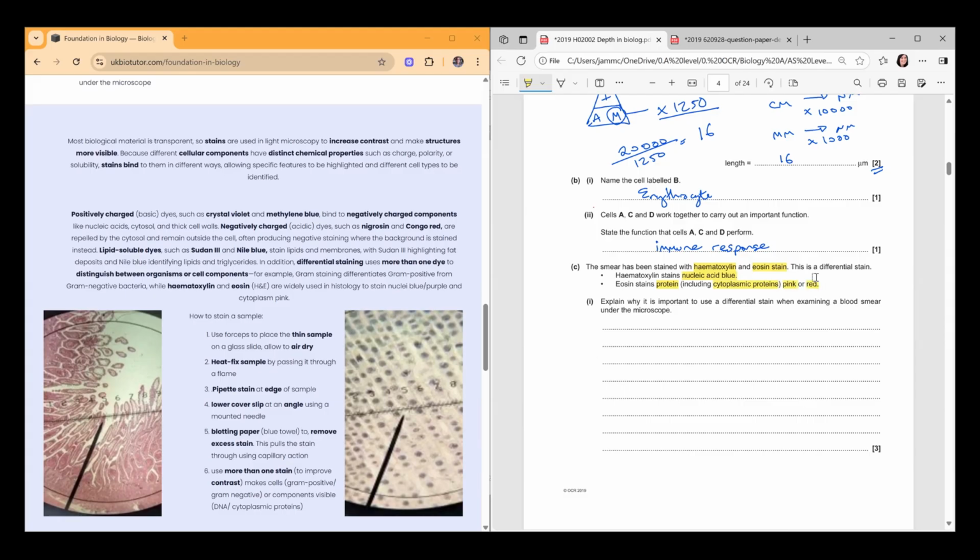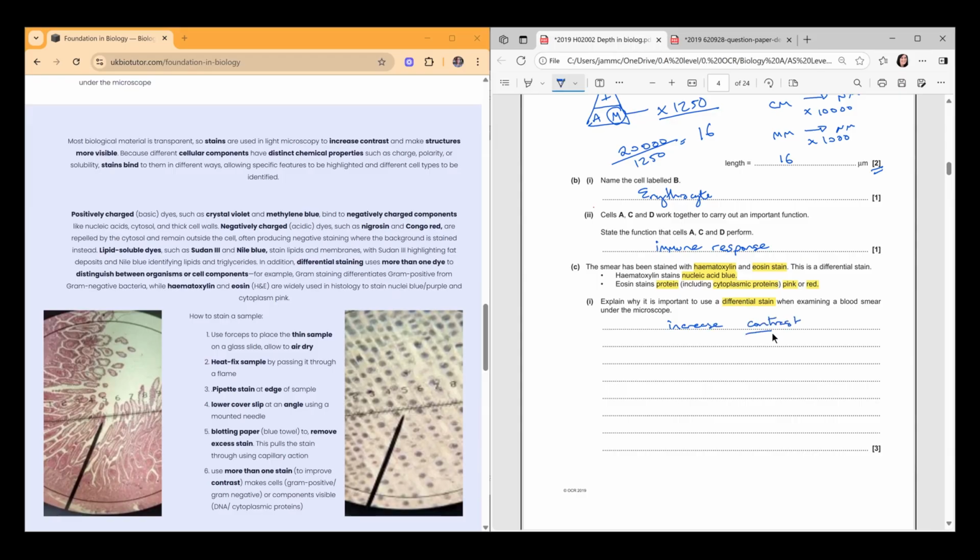So they're giving you little hints in the question. So it's important that you use that to help you. And let's look at what the actual question says. So explain why it's important to use differential staining. Now, remember, as I said before, that differential staining is about increasing the contrast. So in an exam question like this, specifically, they want me to say to increase contrast.